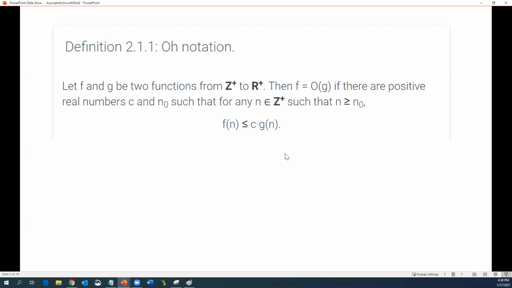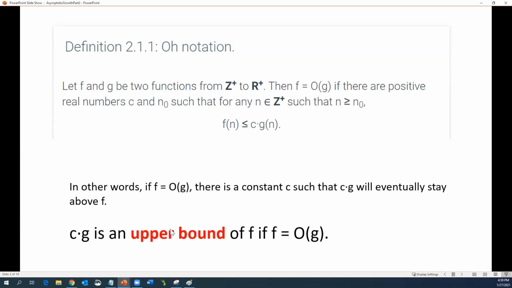So if we say f equals O of g, that means g, or a constant multiple of g, will be an upper bound for f, at least after we get past a certain point for n.